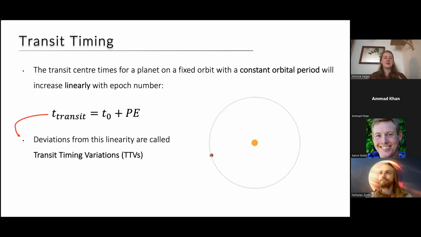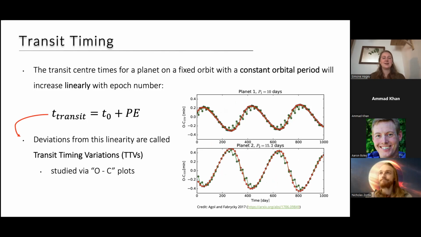What we call transit timing variations are any deviation from this linearity, and we study those through O minus C, or observed minus calculated, plots. A common application that you may have seen before is in studying multi-planet systems, because the other planets in a system, their gravitational tugs, can pull the transiting planet back and forth and give you these periodic trends in the timing residuals.